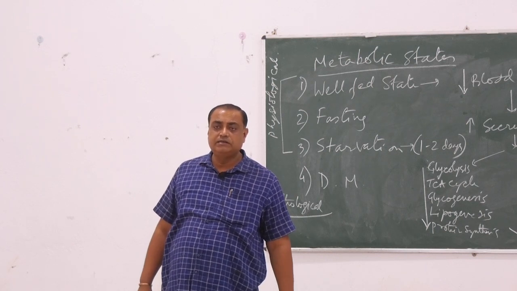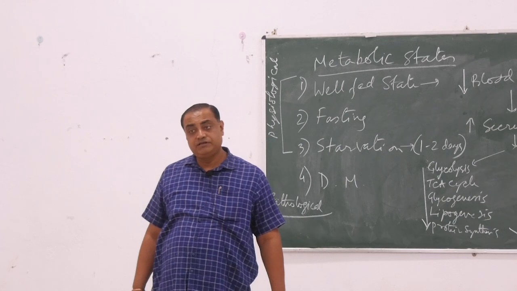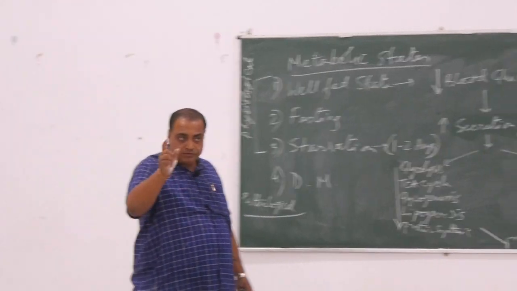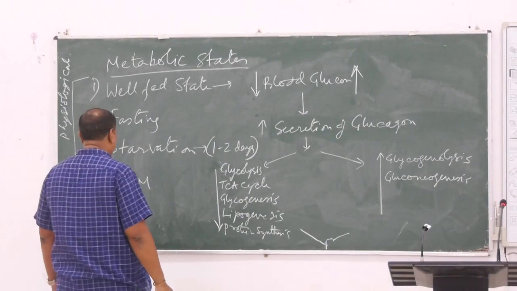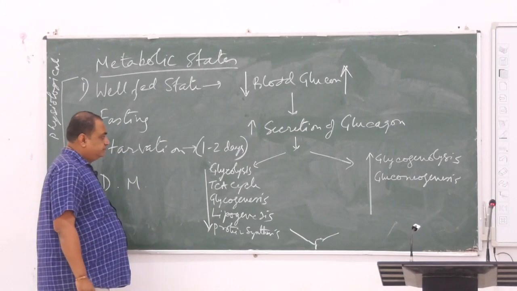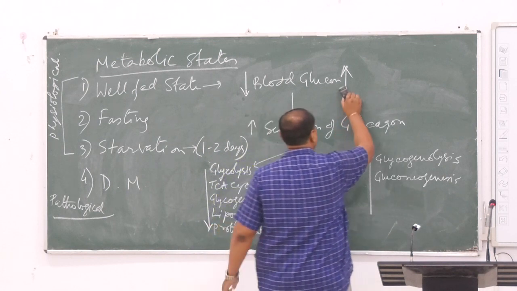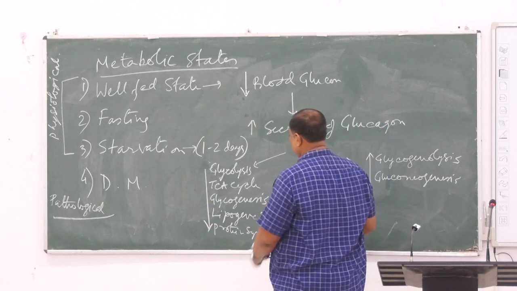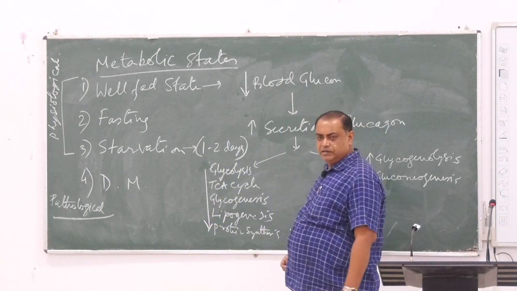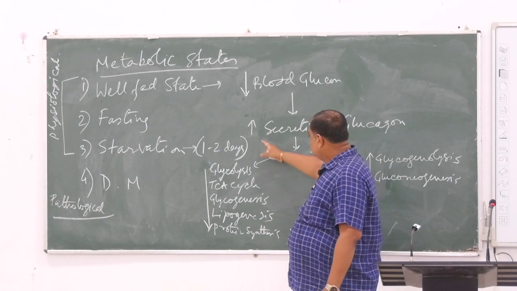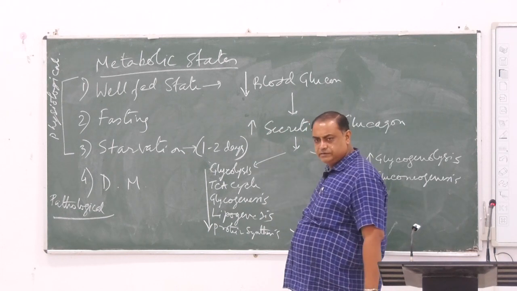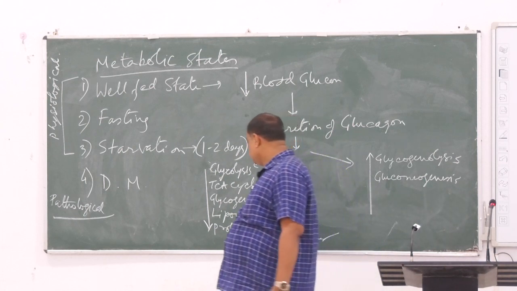Then we call it starvation mode, not before that. In the starvation mode, blood glucose level tends to fall, secretion of glucagon increases, correct?